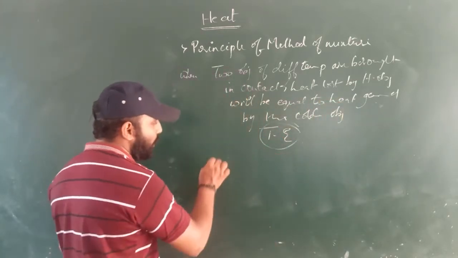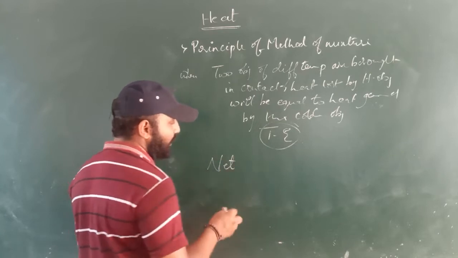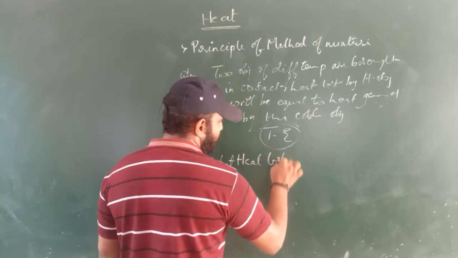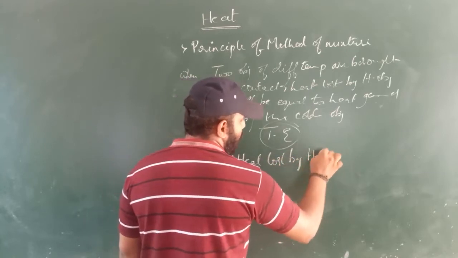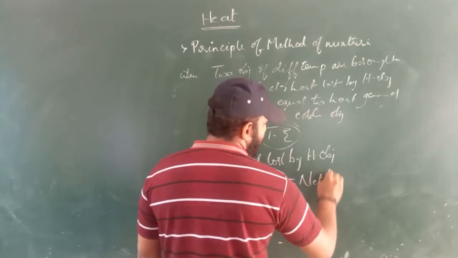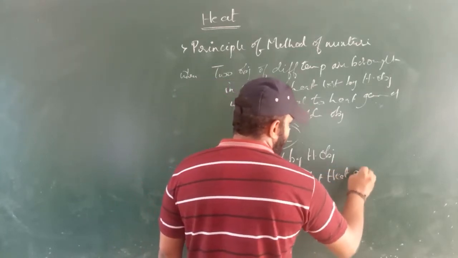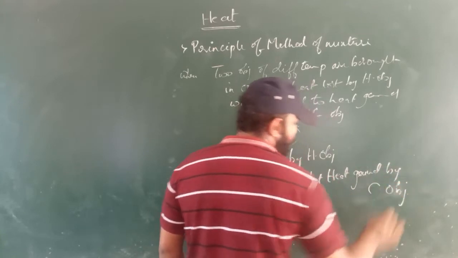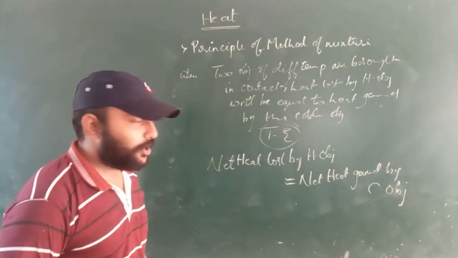So simply we can write: net heat lost by the hotter object is equal to net heat gained by the colder object. This is the principle of method of mixture.